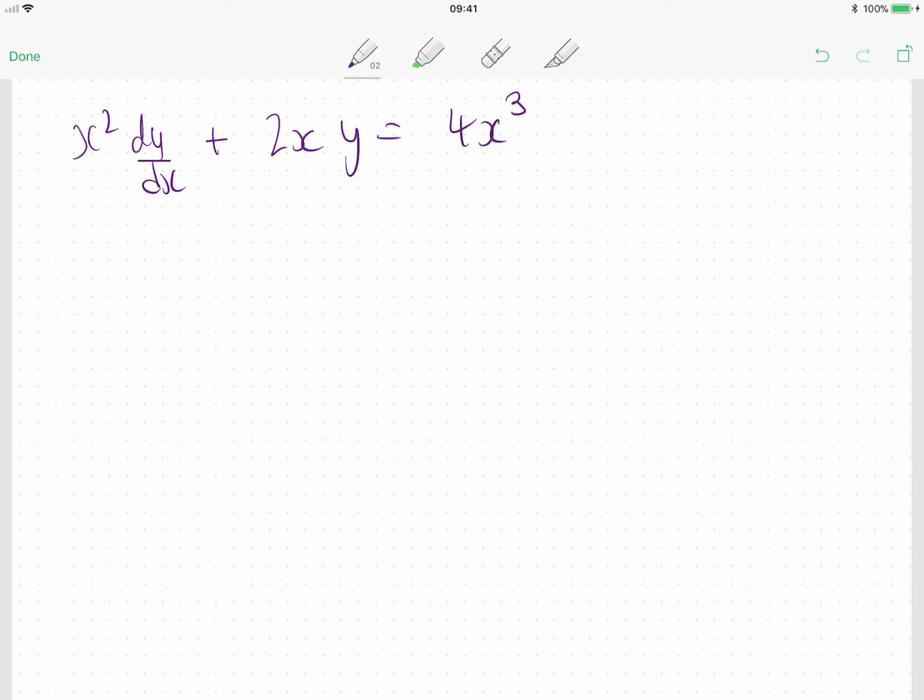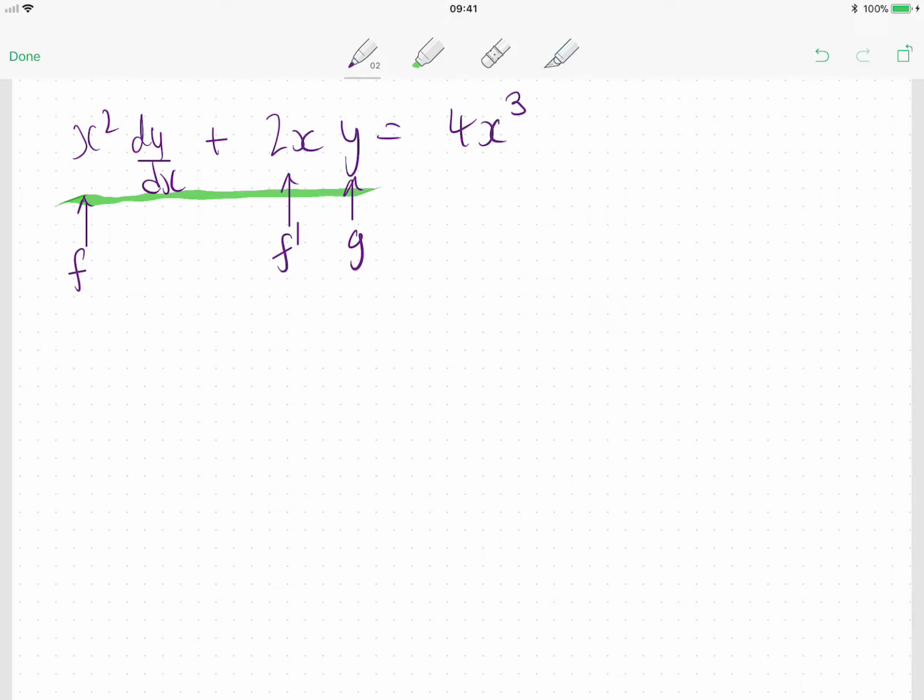One of the common features, and this is always true, is when you look at the left hand side, it'll just be the product rule of some function. We can see that in our case. If we think of this function as f, so f is x squared, here we can see its derivative.